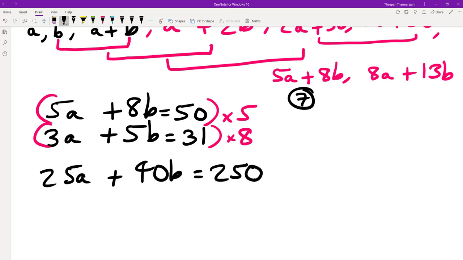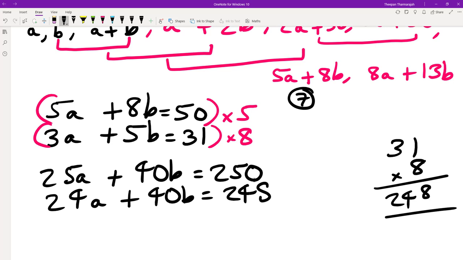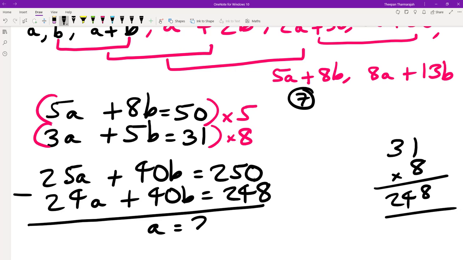So 3a times 8 is 24a plus 40b. And then we need to do 31 times 8. That will give me 248. So that's equal to 248. So I can minus the two equations. So I get a equals 2.